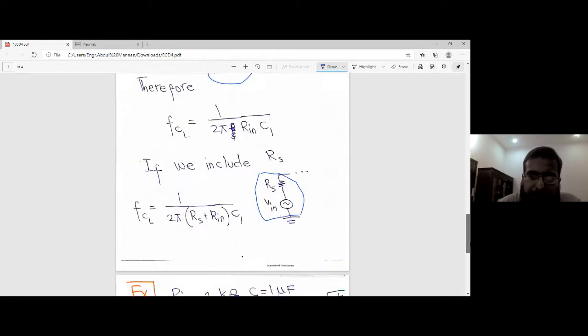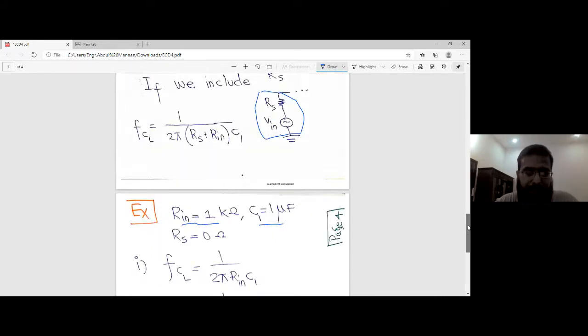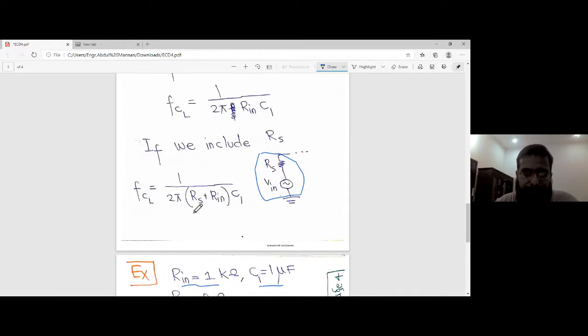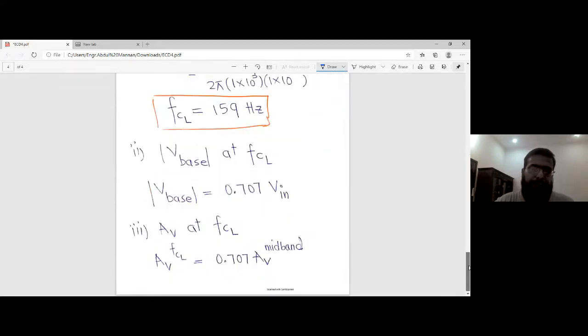Its value C1 is given to be 1 microfarad, and Rs is equal to 0. The internal resistance of the source is assumed to be 0 ohms. So FCL can be computed using the formula we have just derived. Putting Rs equal to 0 in this formula gives us this expression, and then we can compute FCL equal to 159 Hertz.